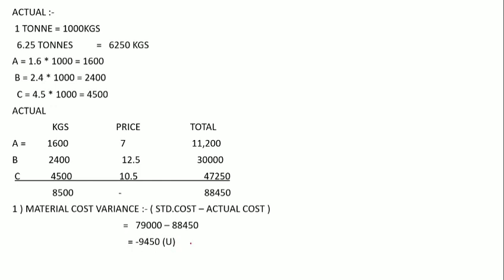Moving ahead with the second variance, the material price variance. The formula is AQ in bracket SP minus AP. For material A, AQ is 1600 and in bracket 6 minus 7, so the final answer is minus 1600. For material B, AQ is 2400 and in bracket 12 minus 12.5, so the final answer is minus 1200.